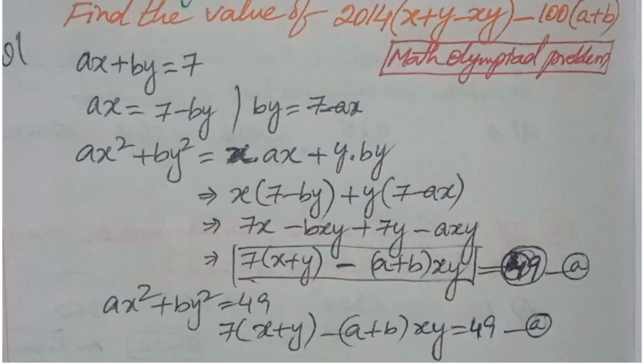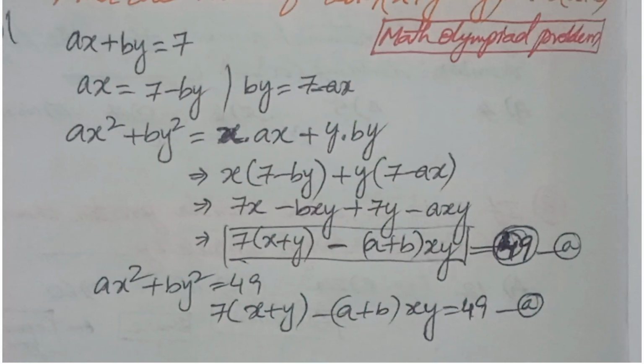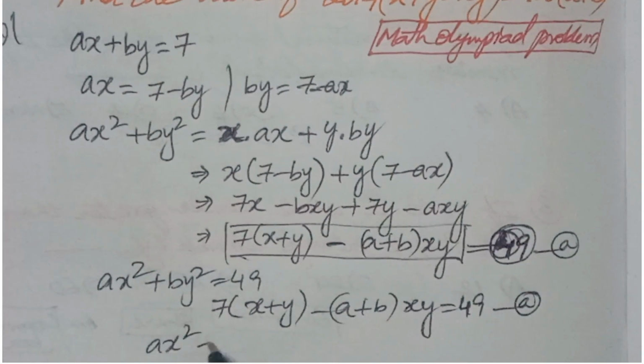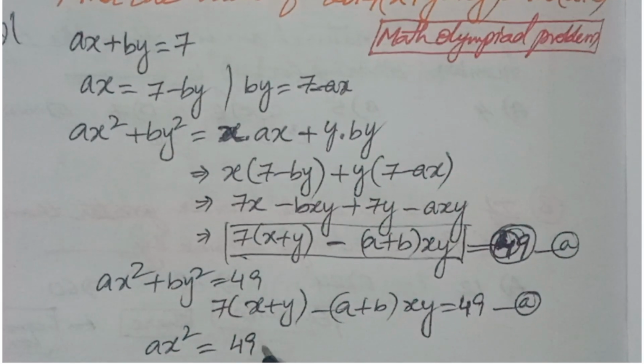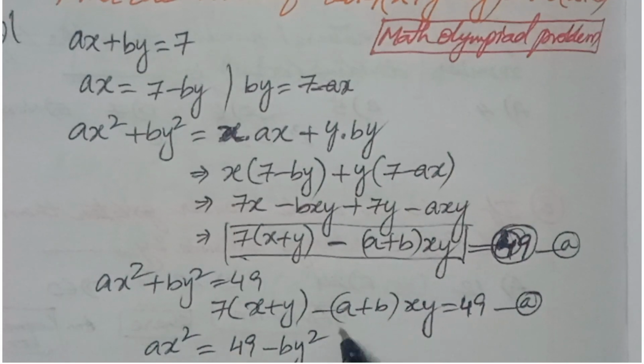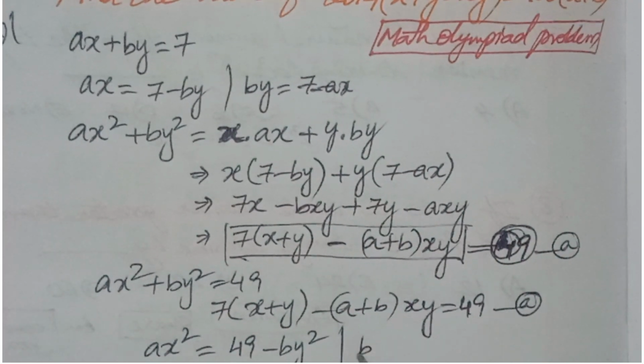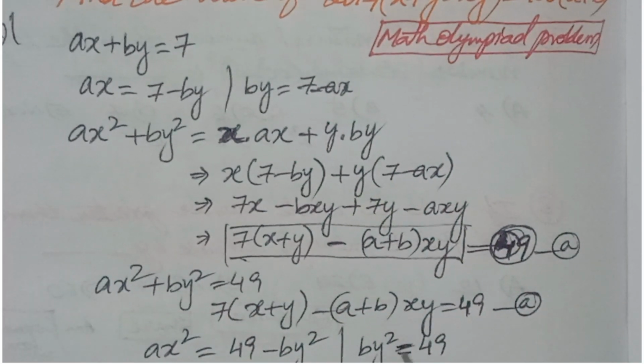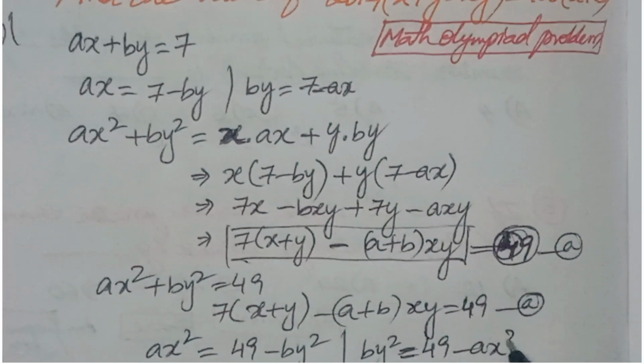That we are taking as A. Now ax square is equal to 49 minus by square. In the same way, by square is equal to 49 minus ax square.